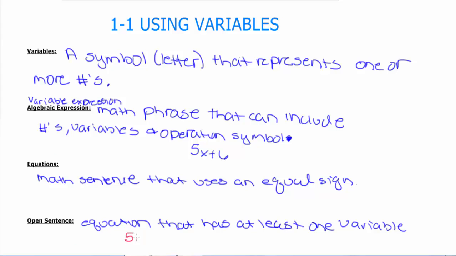So 5x = 10 would be considered an open sentence. An equation is anything, like 23 + x = 10. That's an equation. It has an equal sign. An expression does not have an equal sign. That's the key.